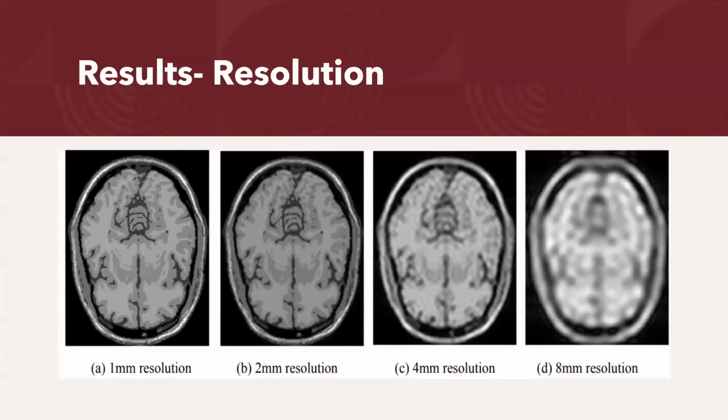And for the resolution parameter, the best resolution that our simulation provides is 1 millimeter, as you can see in image A. As the distance increases from 1 millimeter to 8 millimeter, the resolution decreases and the image becomes more blurry.